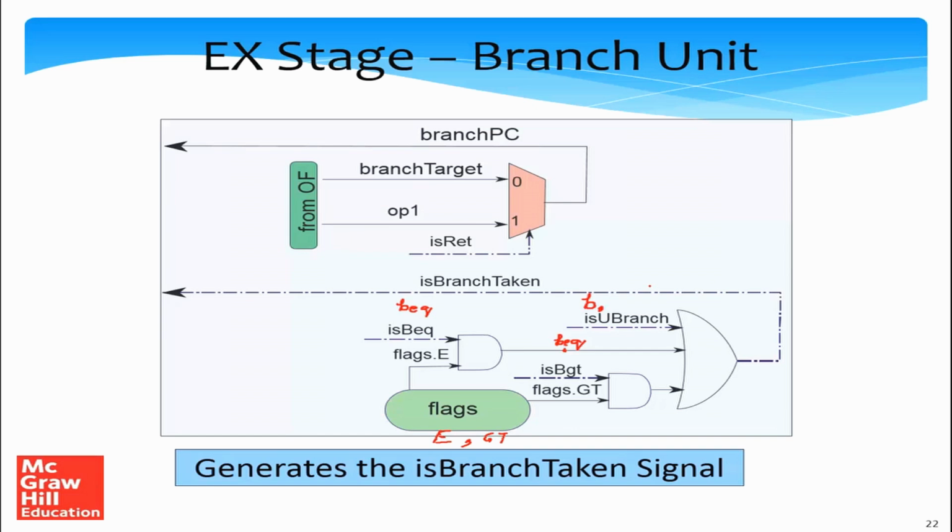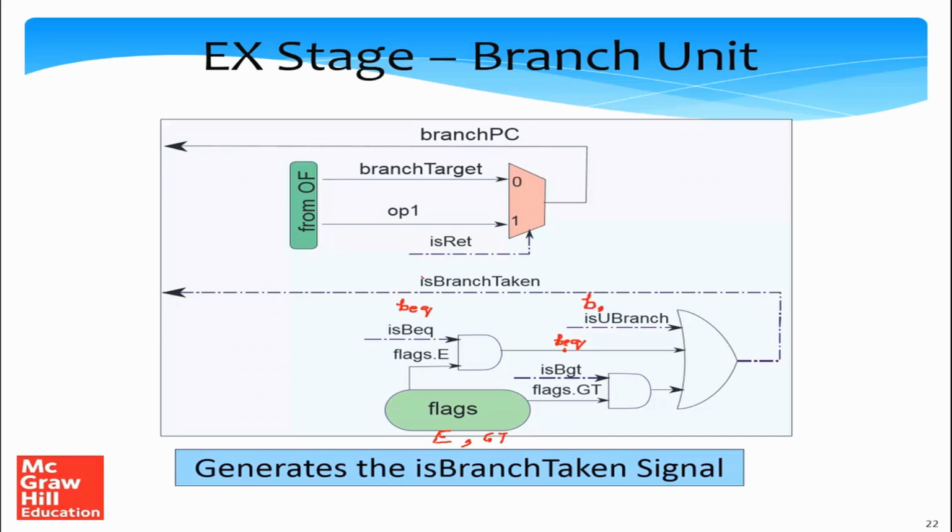Basically, if that is true, which means we are branching in any case, we do an OR of these. So an OR gate is needed to find out whether this is a taken branch or not. If it's a taken branch, if we are branching to some other location, then this control signal is set to true.